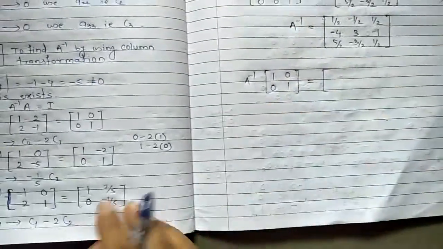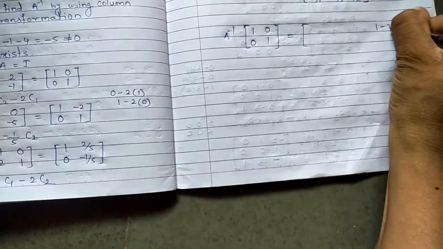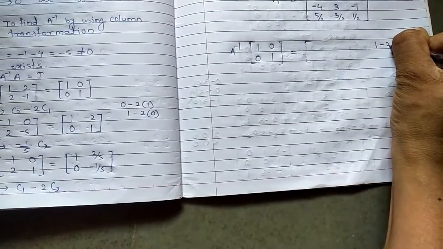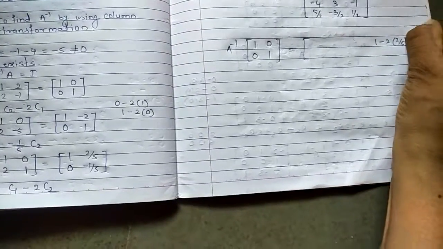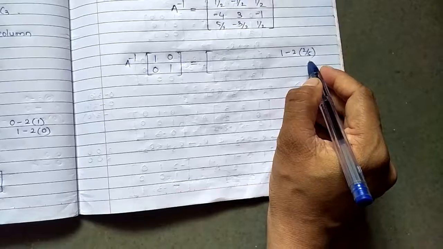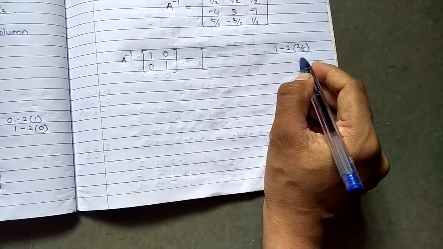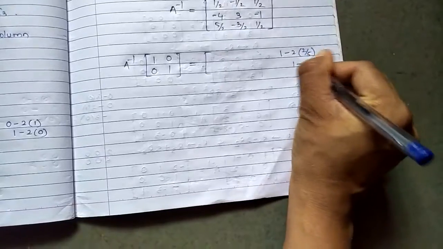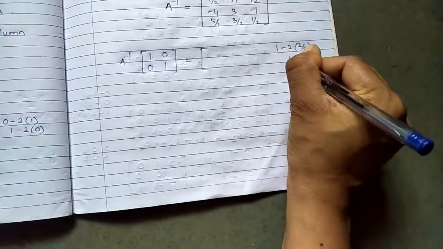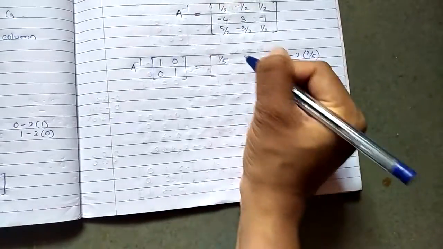So which is equal to, applying the operation, the corresponding element in C1 is 1, minus 2 times the corresponding element in C2, which is 2/5. So 1 minus 2 times 2/5. So it is 1 minus 4/5. So 5 ones are 5, 5 minus 4 is 1/5.